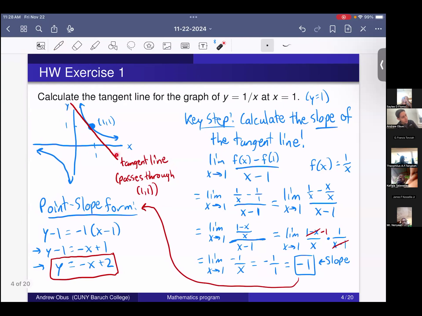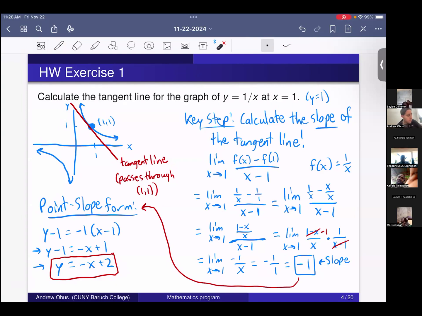This line looks like it has slope minus 1, and where it intersects the y-axis looks like 2. So it's the correct answer, and also from just the way we draw it, it looks like it's the correct answer. It looks like this line should pass through y = 2 and have slope minus 1. So it's a good confirmation that we actually did the correct procedure here.